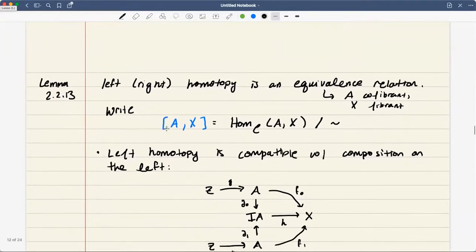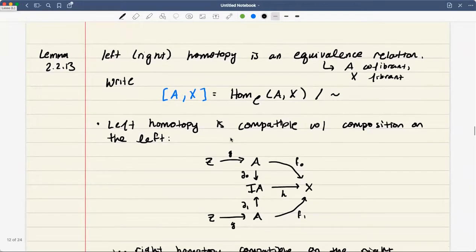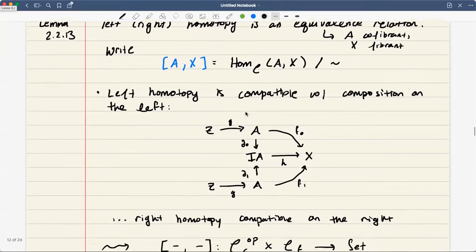Okay, so then this is the first week homework assignment of every person in algebraic topology, showing that this is an equivalence relation. Of course, it's a little bit more general here, but basically they're saying that it's an equivalence relation.